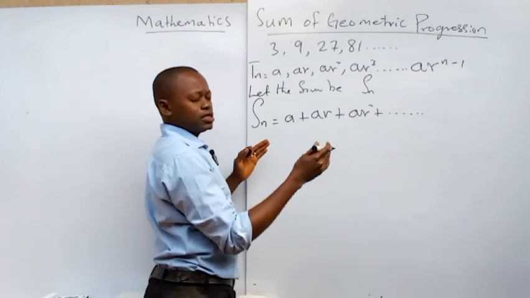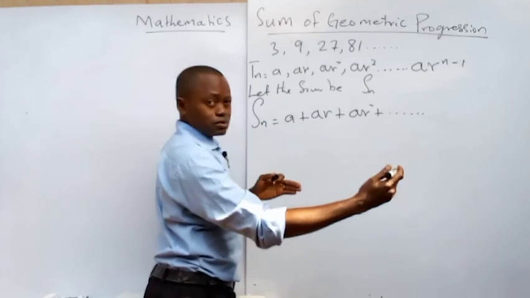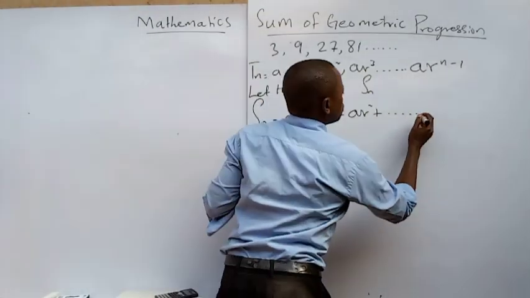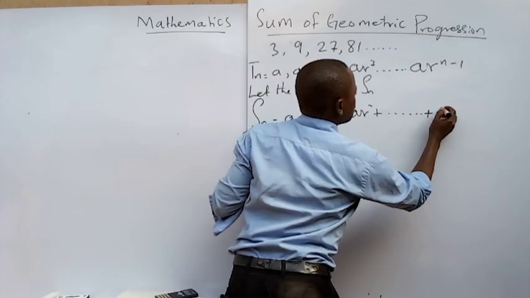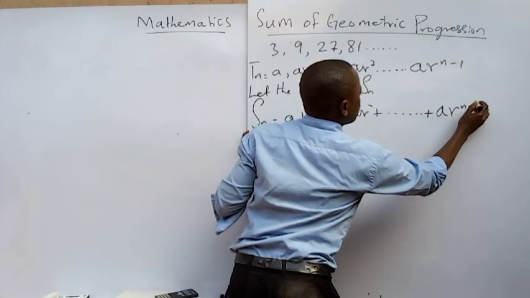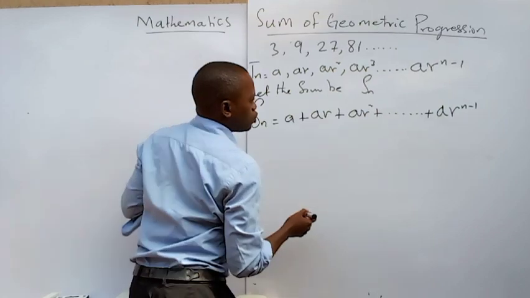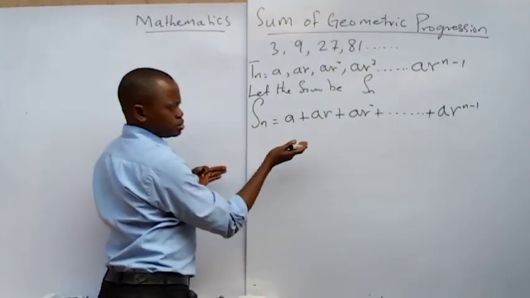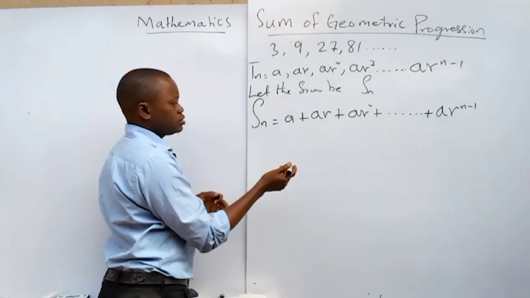I want to calculate the sum from the first to that seventh term. So down to that last one, AR to the power n minus 1. This will be the summation of the terms.